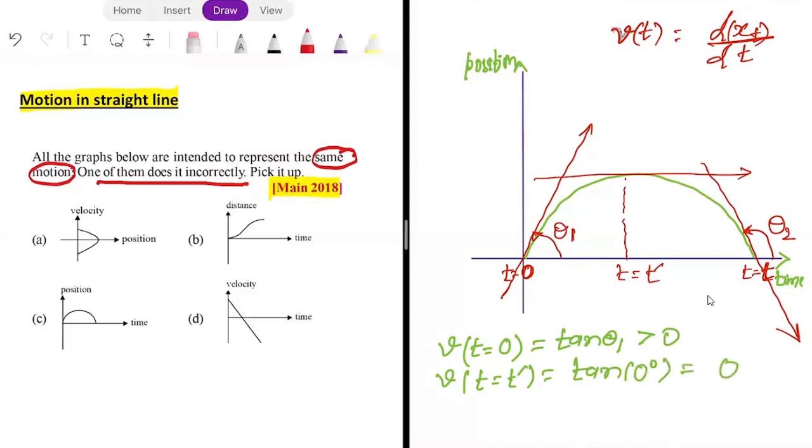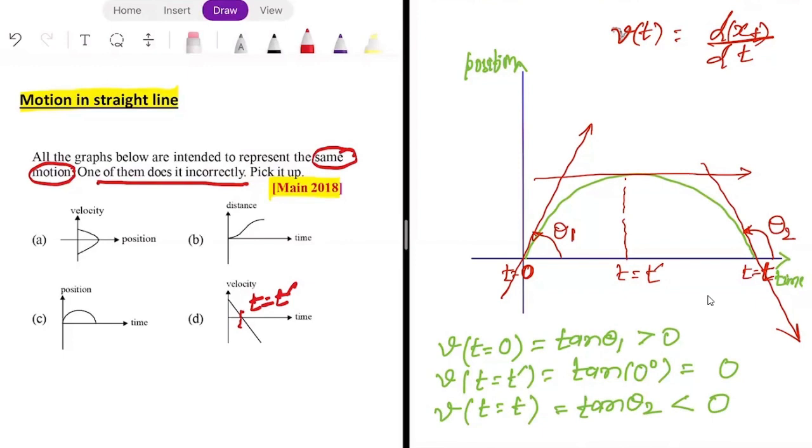आपको ग्राफ D में दिख रहा है कि it cuts the time axis and velocity becomes 0 at t equals to t prime. Correct? Now, let's look at velocity at t is equal to T, which is tan theta 2, correct? And since theta 2 is an obtuse angle, tan theta 2 is negative in the second quadrant.